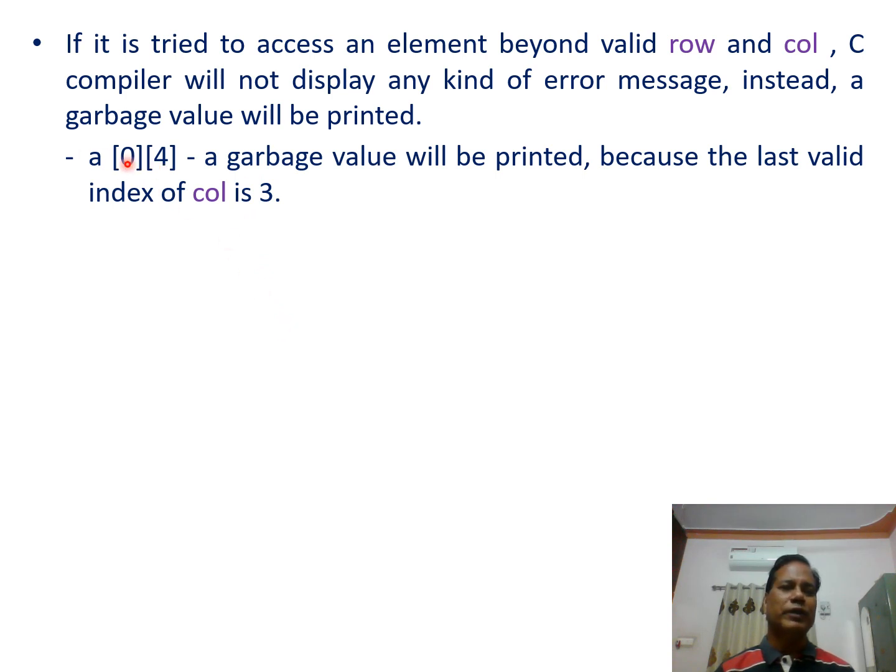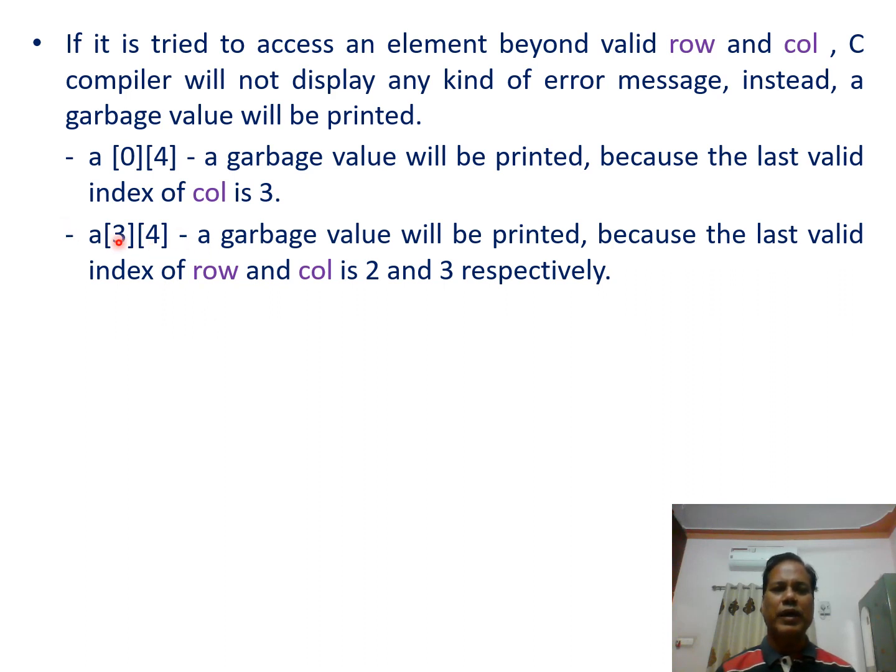A04, first row, fifth column: a garbage value will be printed because the last valid index of the column is 3. Only 4 columns are there, so the column index is 3, and here we are indicating the fifth column. So this will print a garbage value. No error message will be displayed.